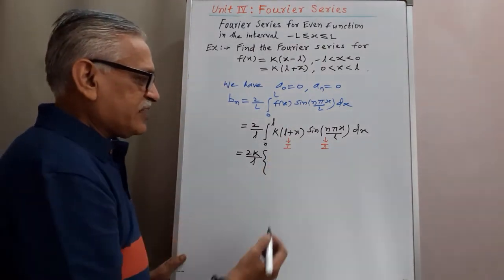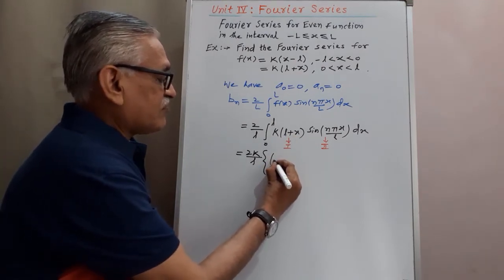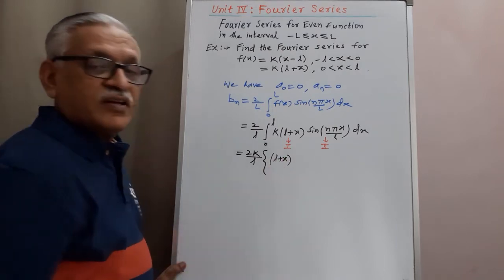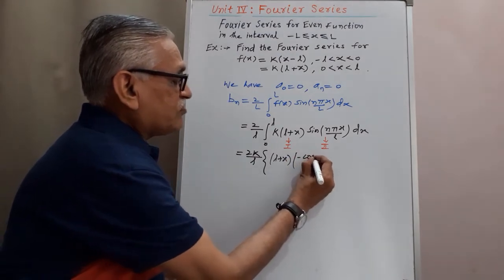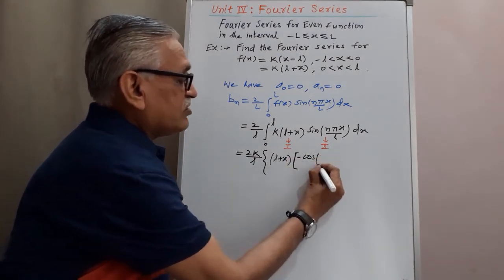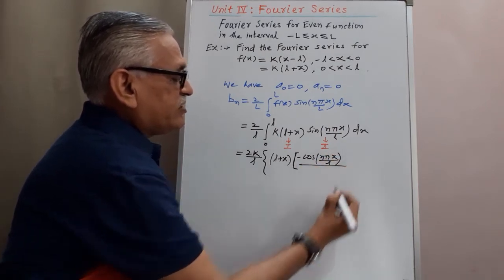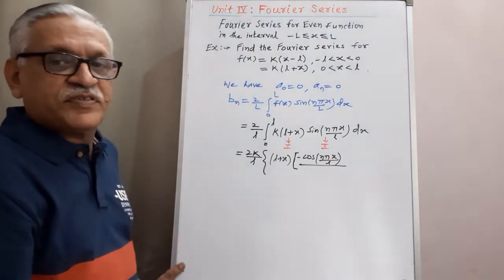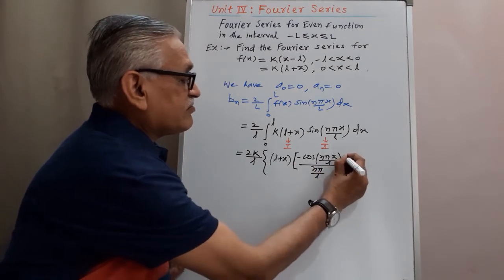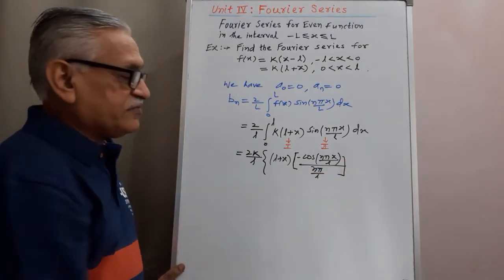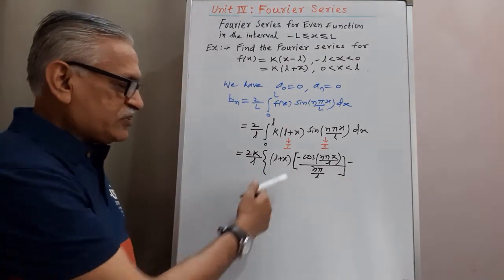Integrating by generalized parts, we get the first term as (L + x), integration of sine is −cos(nπx/L) divided by the coefficient of x. The coefficient of x is nπ/L. Then minus the derivative of this term with respect to x.